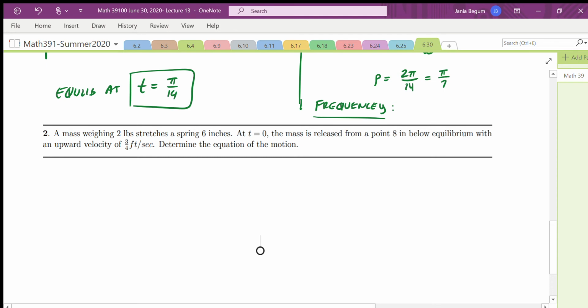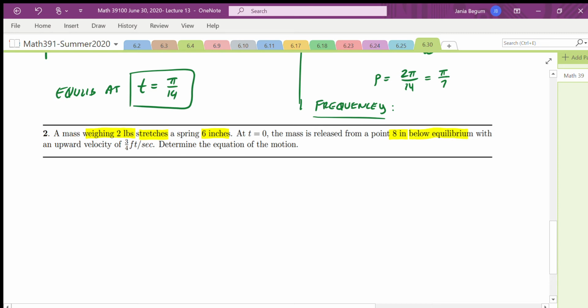Okay, so let's start. A mass weighing 2 pounds stretches a spring 6 inches. So we have a weight of 2 pounds and 6 inches is the stretch. And then when t is equal to 0, the mass is released from a point 8 inches below equilibrium position.